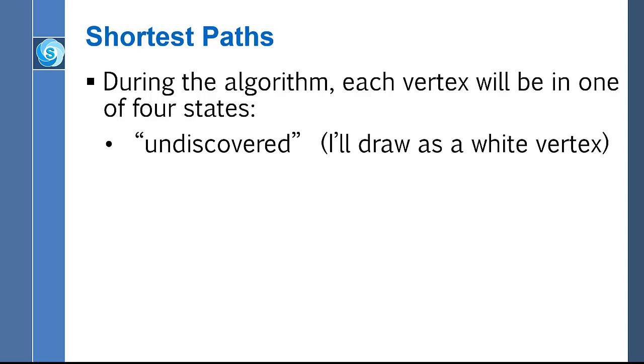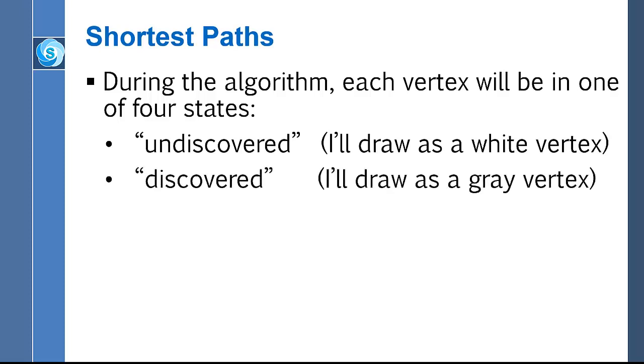When I draw diagrams of graphs to convey a sense of Dijkstra's algorithm, I will draw undiscovered vertices white. Or a vertex might be discovered, so it's at least been noticed by the algorithm. Such vertices I'll draw gray in my diagram.